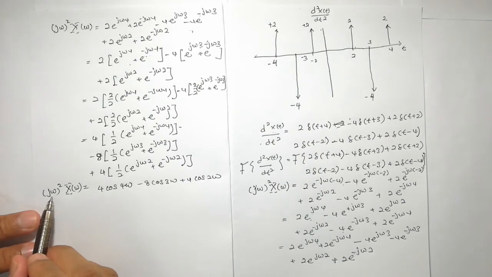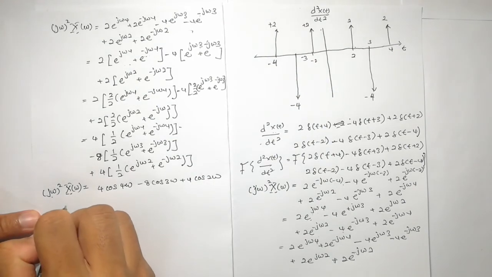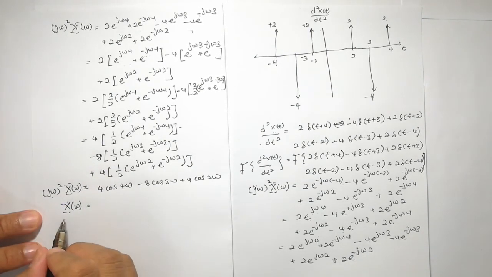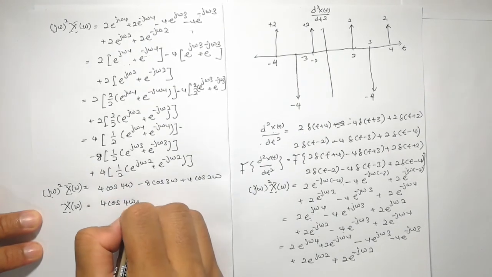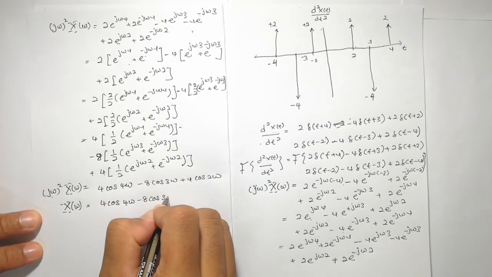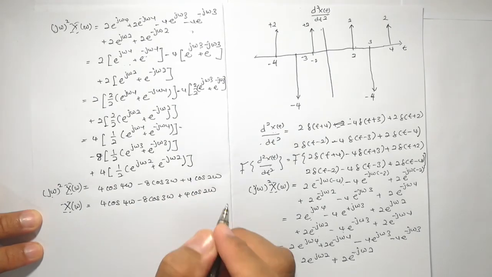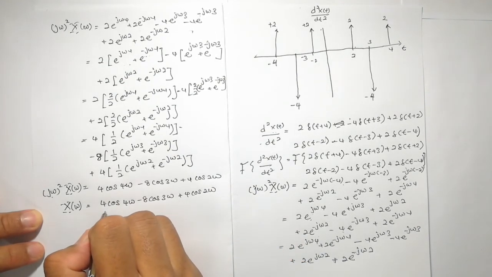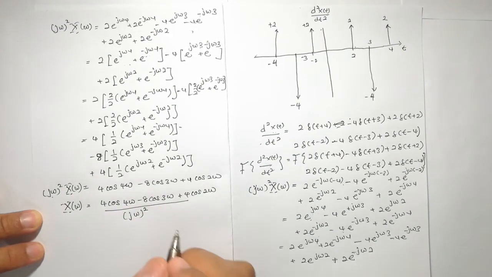We just need to bring (jω) squared to the right of the equation, which is we need to divide the right side of the equation by (jω) squared. So X(ω), which is what we want, will be equal to 4 cos 4ω minus 8 cos 3ω plus 4 cos 2ω, and then we need to divide this by (jω) squared.